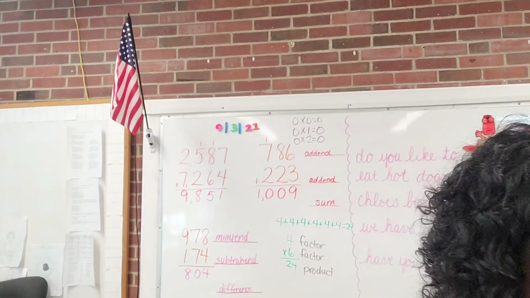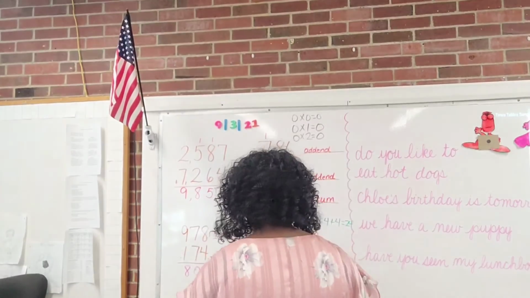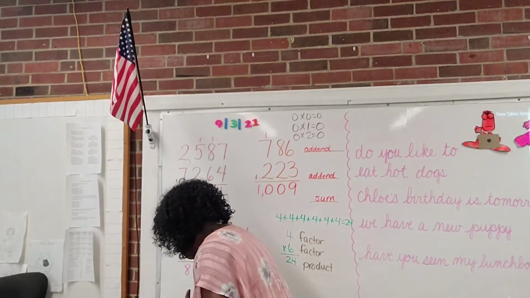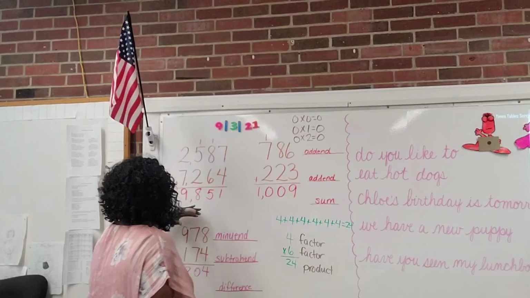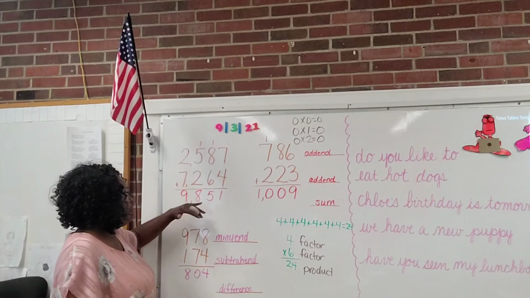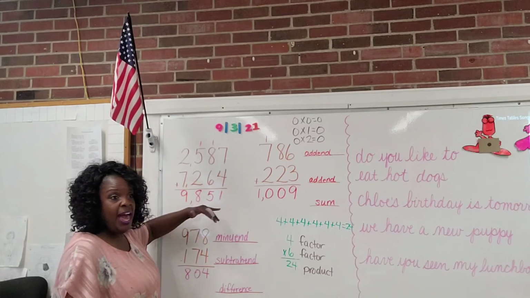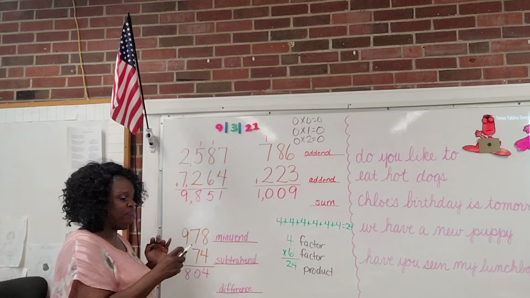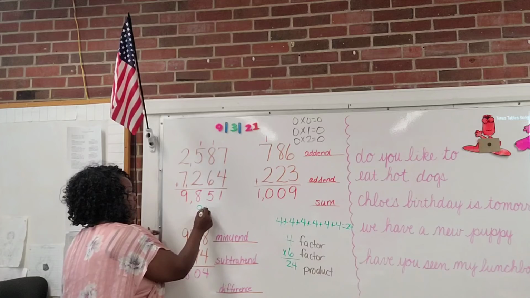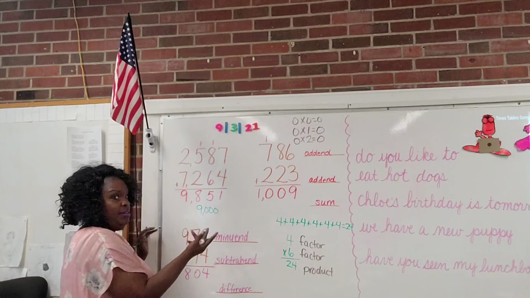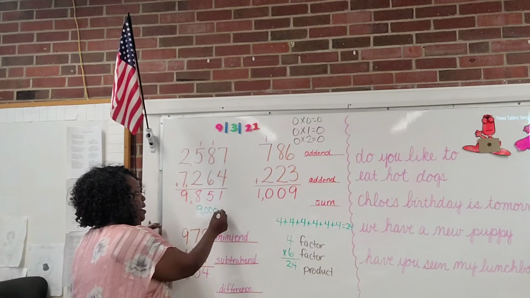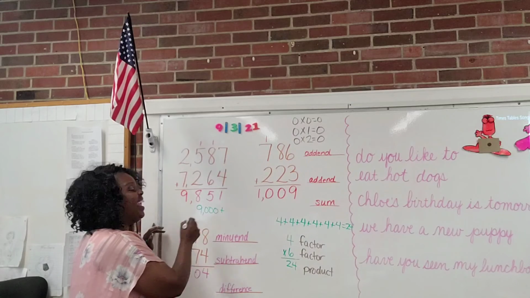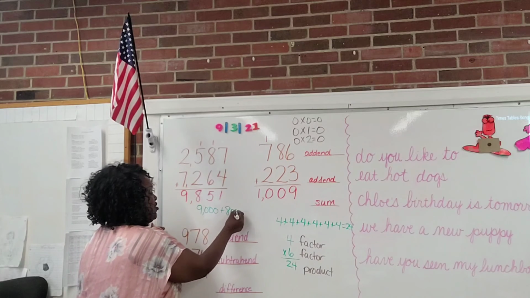So I'm not going to do these ones for you because I want you to think carefully, but remember what expanded form is. When I look at my number that I have here, 9,851, how many thousands do we have? We have 9,000, right? That's why it's 9,000. Plus how many hundreds? 800.